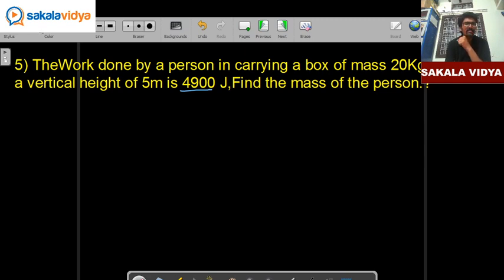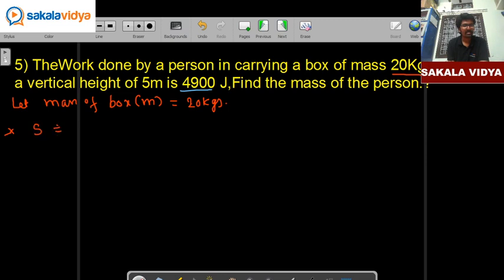First let us read the question. The work done by a person in carrying a box of mass 20 kgs to a vertical height of 5 meters is 4900 joules. Find the mass of the person. Let the mass of the box, small m, be 20 kgs.